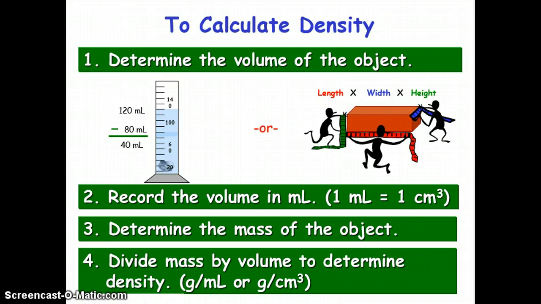The units for density are grams per milliliter for liquids or grams per centimeter cubed for solids. So in summary, to calculate density, you find the volume, you find the mass, and then you do mass divided by volume equals density. Don't forget your units.